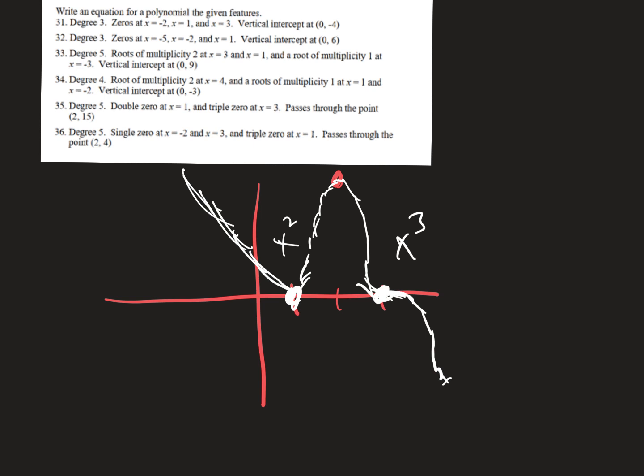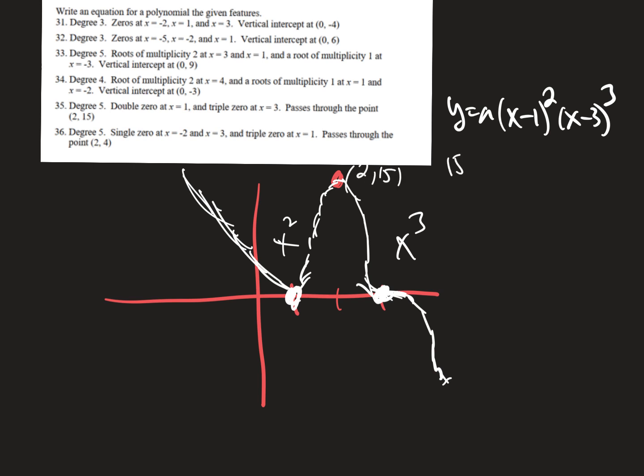I'm going to write y equals a times x minus 1 squared times x minus 3 cubed. And then we don't know the y-intercept, so this requires a little more work. The point is 2, 15.